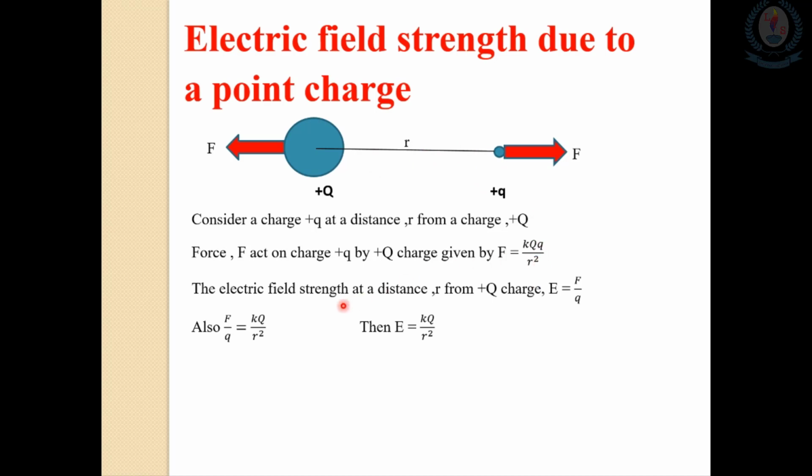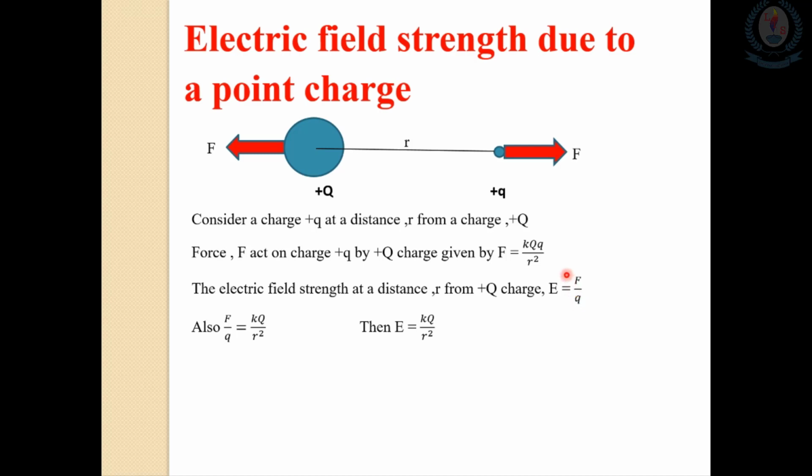So if we consider the electric field strength at distance r from the charge Q as E, the expression can be given as F over q, force per unit charge.